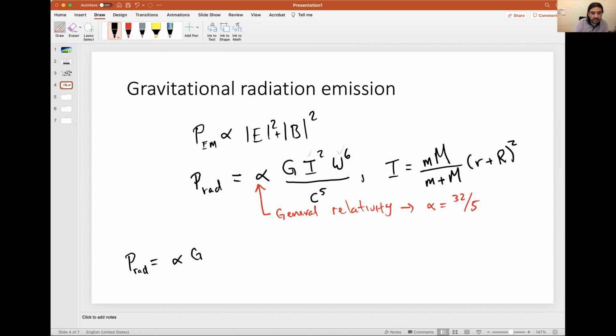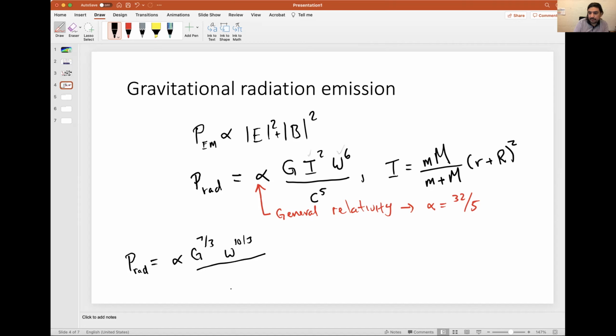Then the G's become 7/3. My frequency becomes 10/3.